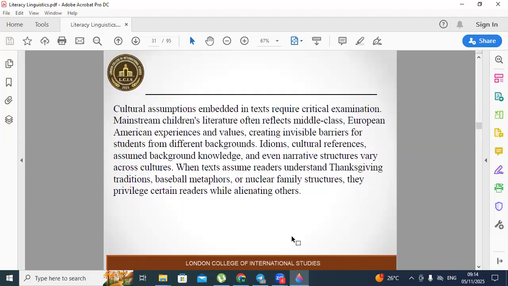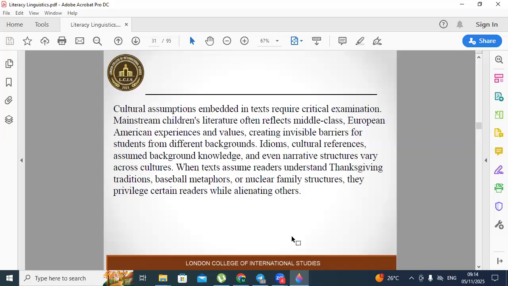Cultural assumptions in texts. Let's examine another critical aspect of sociolinguistics and literacy, the cultural assumptions embedded in texts. This is often invisible to teachers from mainstream backgrounds but creates significant barriers for students from different cultural contexts.